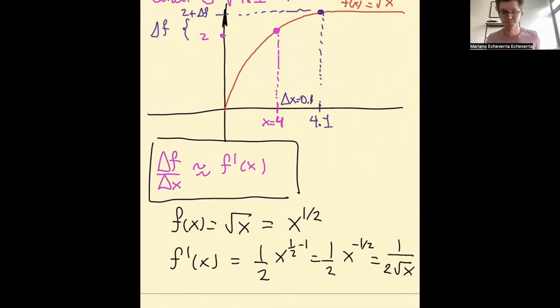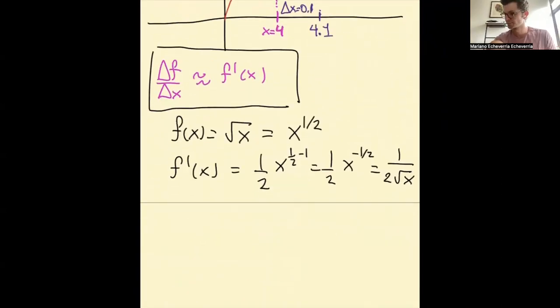Is that making sense? So if you go to the approximate formula, this means that delta f divided by delta x should approximate 1/2 root of x.